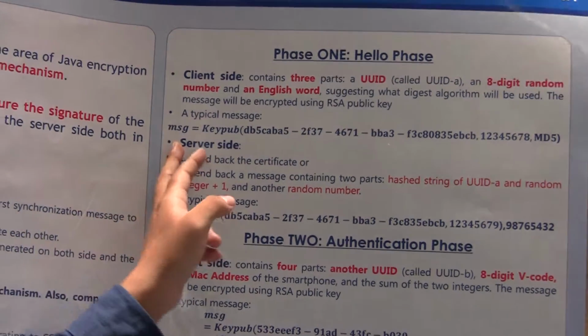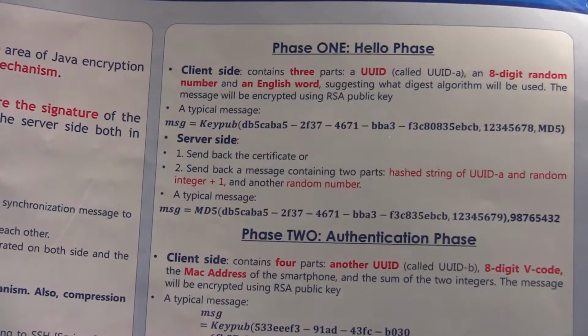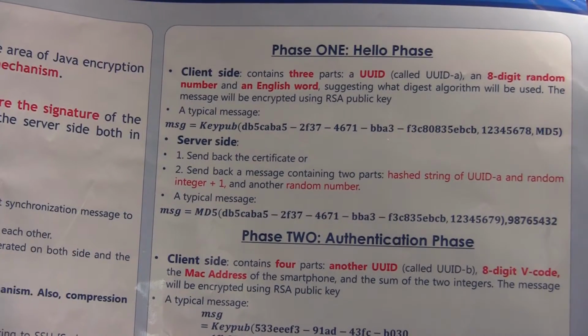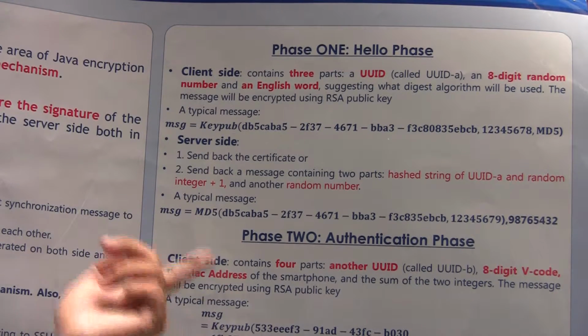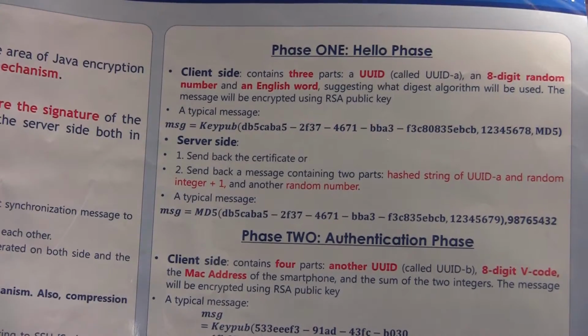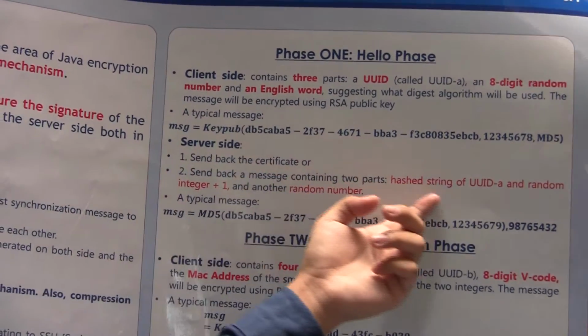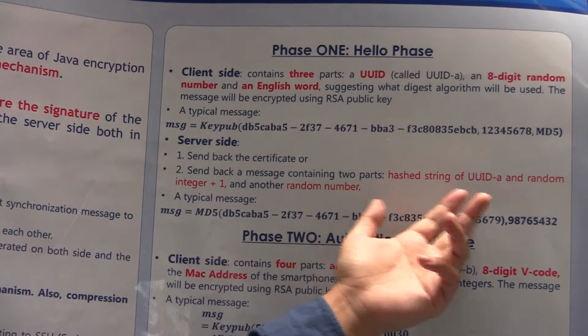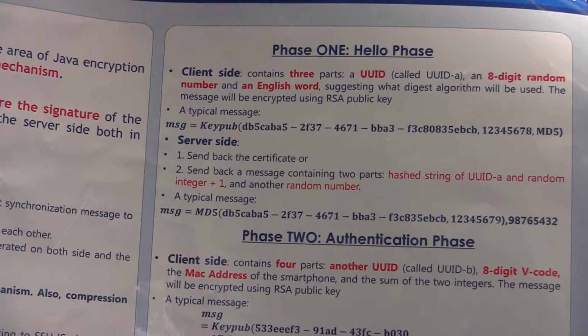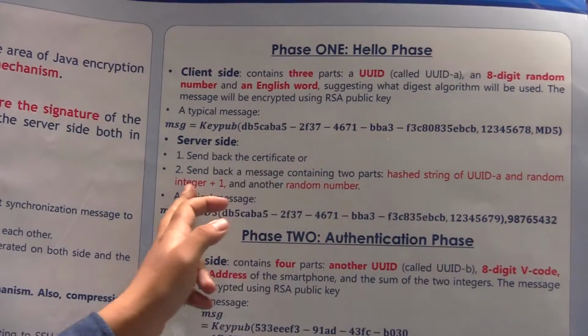Okay, so after receiving this message, the server side will have two choices. The first choice is to send back a certificate for the user to use the Java API to authorize it. The second choice, which I used in my app, is the hash string of UID and the random number +1.